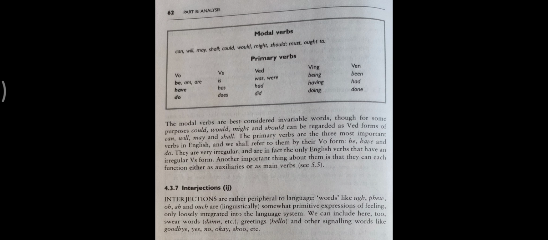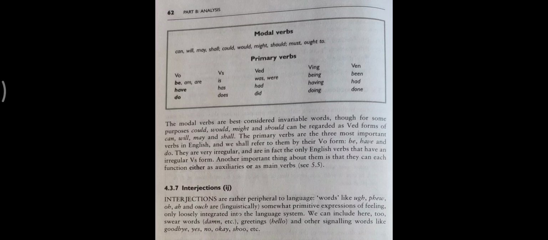Be, am, are. Its s form is is. Its past form is was and were. Its ing form is being. Its en form is been. Have, its s form is has. Its past form is had.